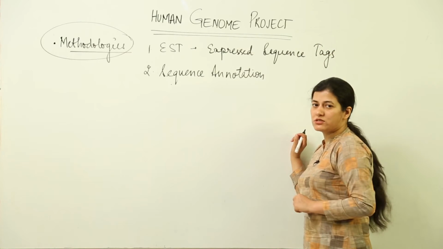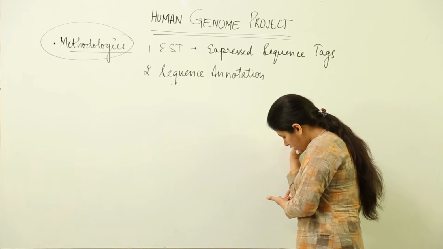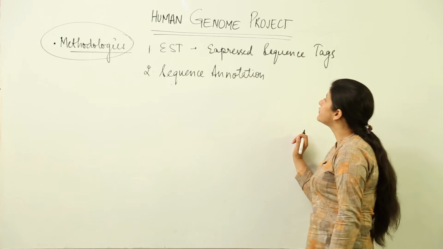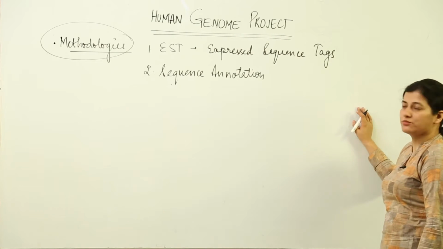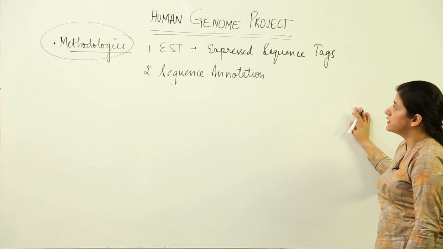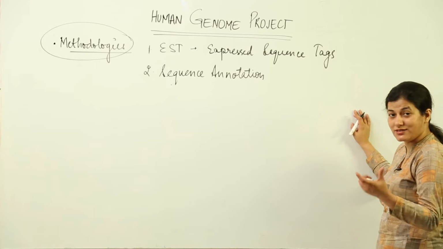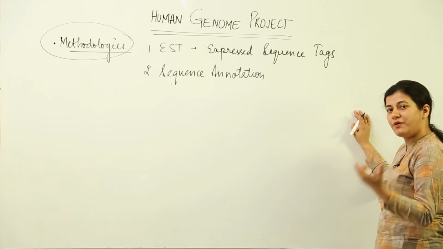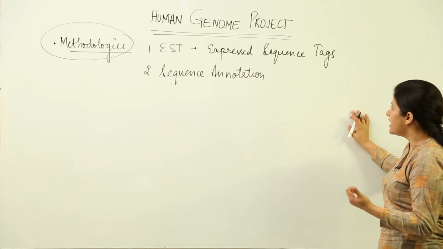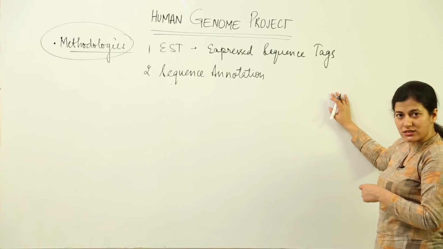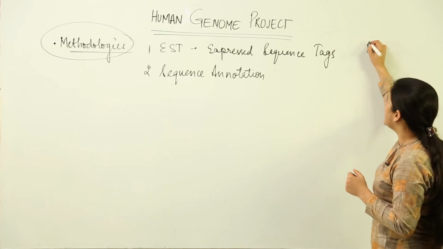Now, the name gives us a little bit of an idea of what it would be. The genome has certain sequences which are expressed. That means the expressed part of the genome is sequenced using RNA.